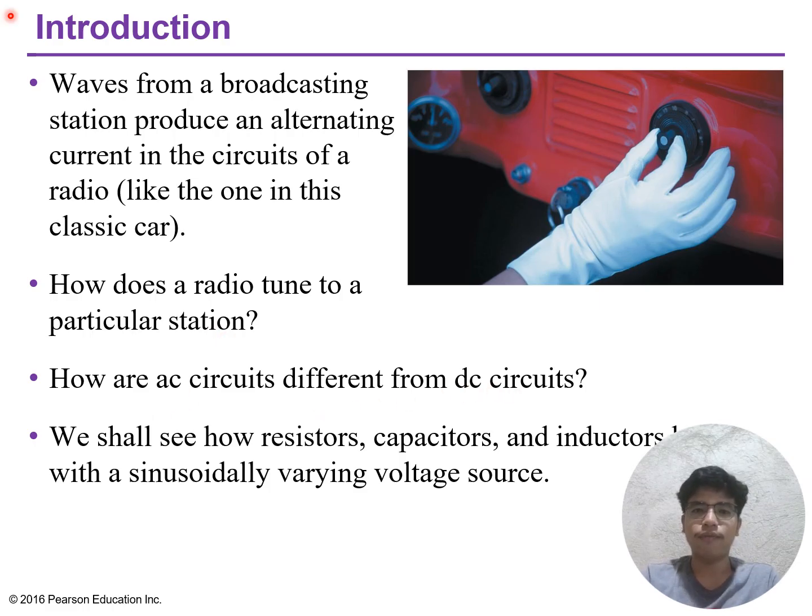In DC, voltage and current remain constant, making analysis straightforward using simple Ohm's law. However, in alternating current, both voltage and current continuously vary in time according to sinusoidal functions, which means resistors, capacitors, and inductors behave differently than they do with steady voltage.